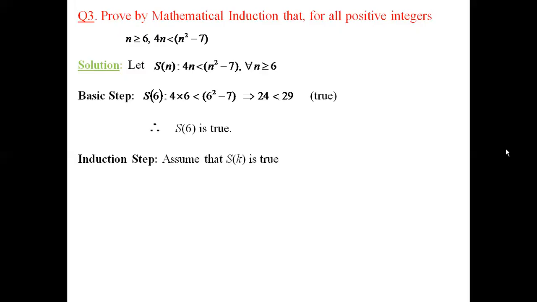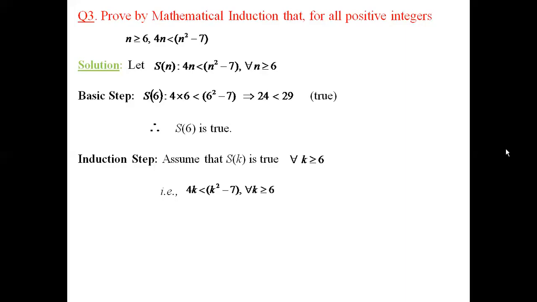Coming on to the induction step, let us assume that S of k is true for all k greater than or equal to 6. That is, 4k is less than k square minus 7 for all k greater than or equal to 6.